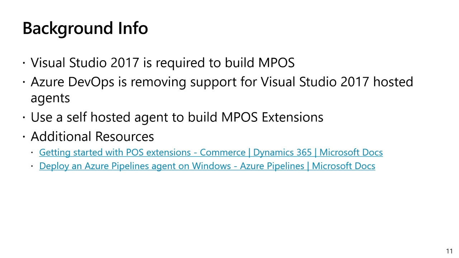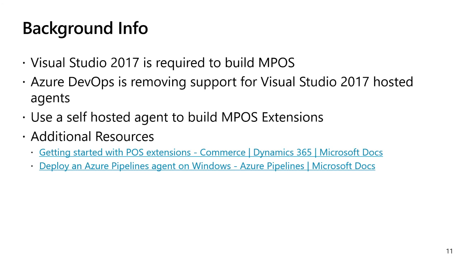So just briefly, I know Maganthan did a very good job of giving the background info previously, but with MPOS's requirement for Visual Studio 2017 to build and produce the packages, and Azure DevOps removing support for Visual Studio 2017 in the hosted agents in March, we need another solution to build MPOS extension packages in Azure DevOps pipelines.